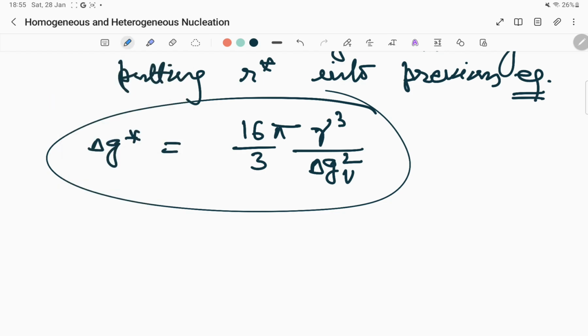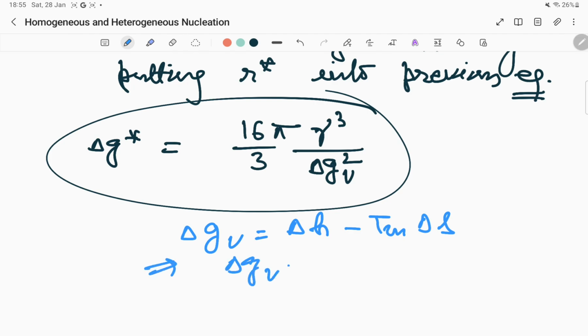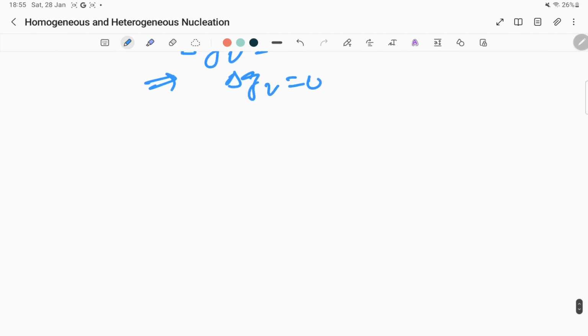So delta GV, how can we define? Delta GV is equal to delta H minus Tm delta S. At the point of solidification, delta GV is equal to 0, so delta S is equal to delta H by Tm.